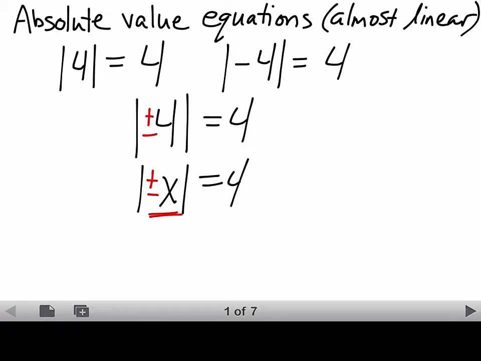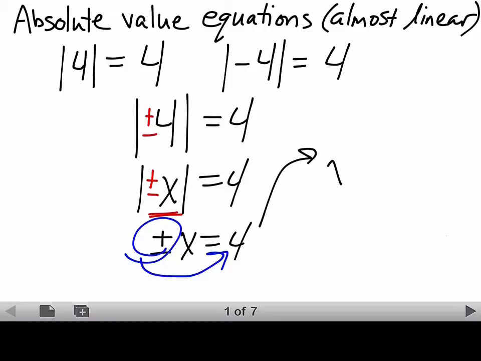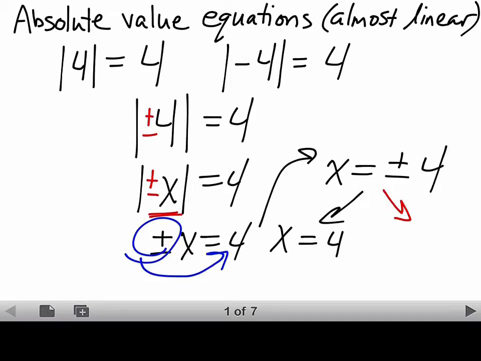That leads to the idea that either positive or negative x is equal to 4, and because we want to get the x by itself, we're going to take that plus or minus, move it to the right-hand side via multiplication or division, and we're going to end up with x is equal to plus or minus 4, which we know means x is equal to 4, or x is equal to negative 4. These are the facts that we're going to use to solve absolute value equations.